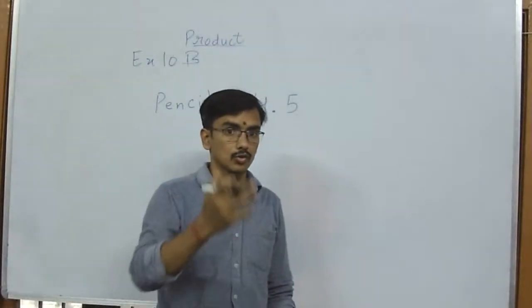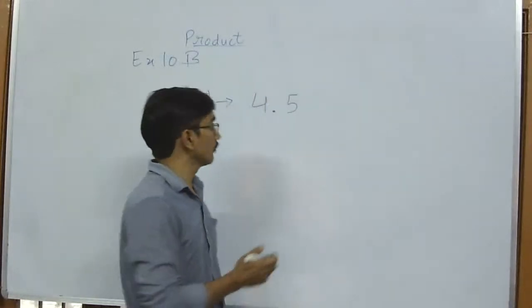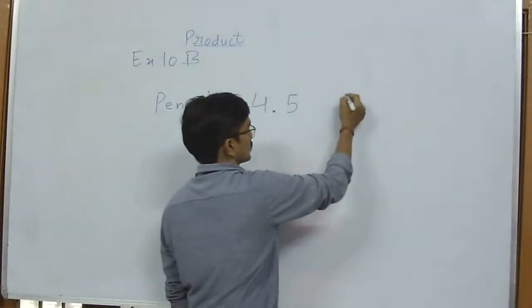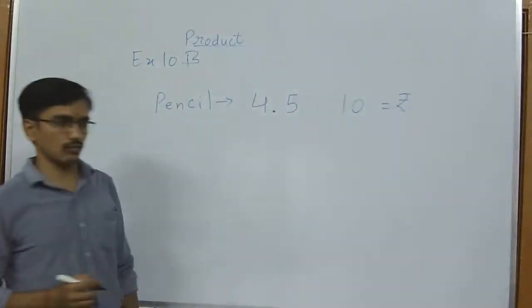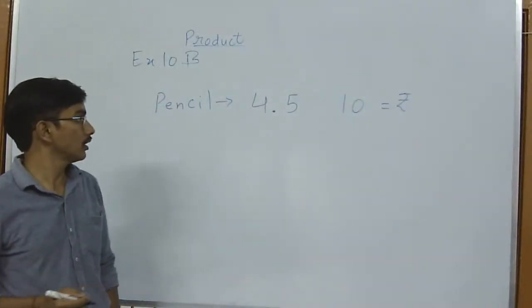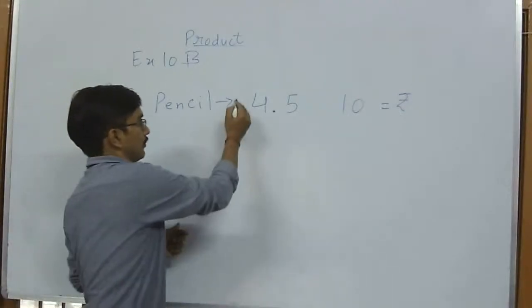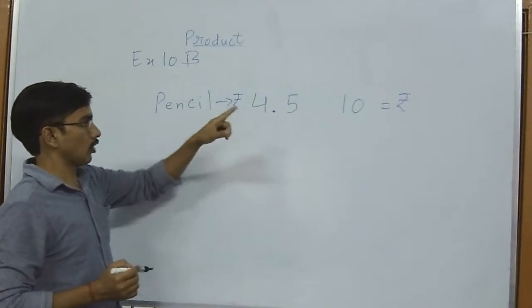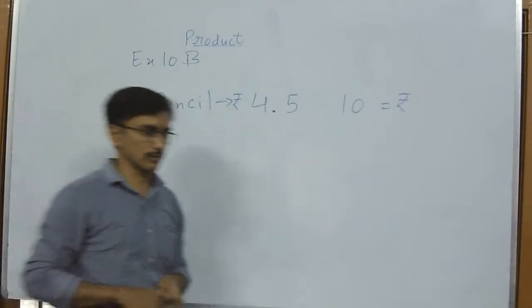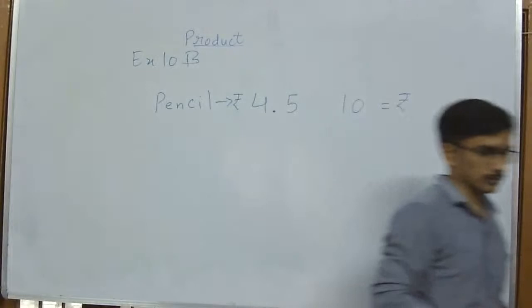Fine. So I want to take pencils for my 10 friends. How many rupees will it cost? Will you be able to tell me? 4.5 rupees is the cost of one pencil. I want 10 such pencils. What will be the cost?